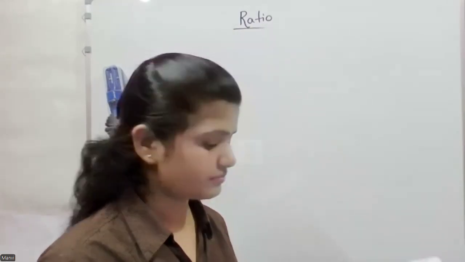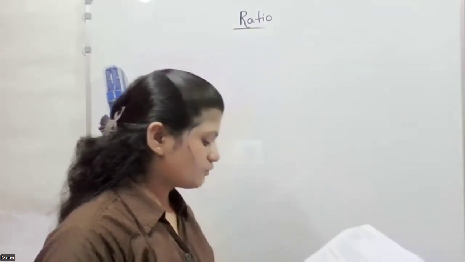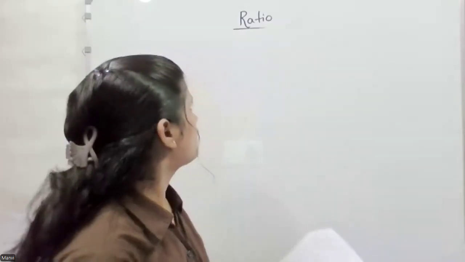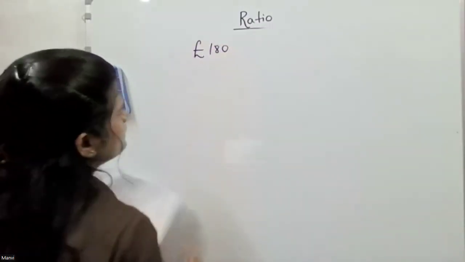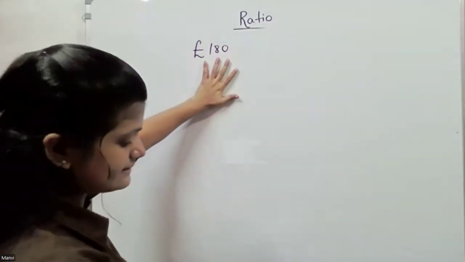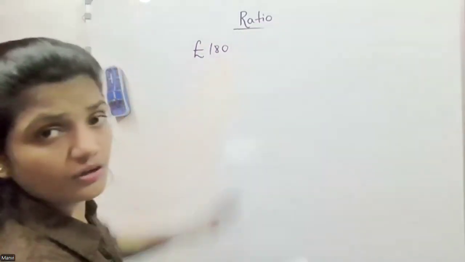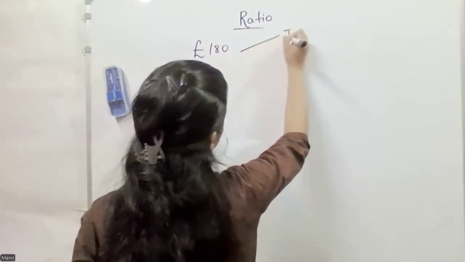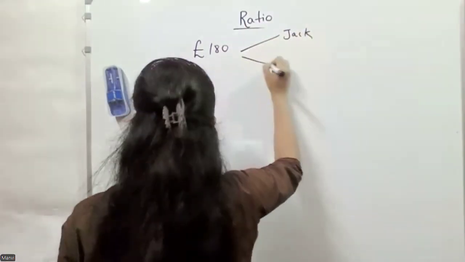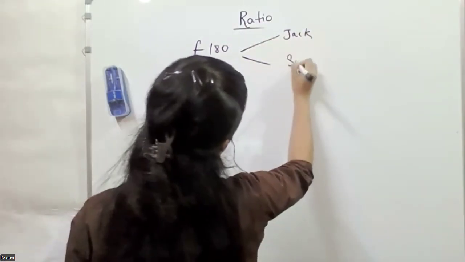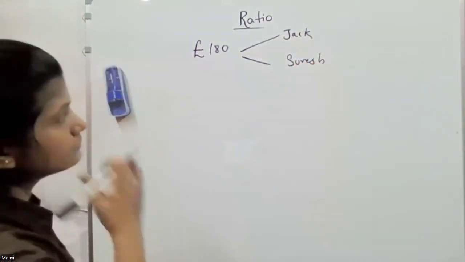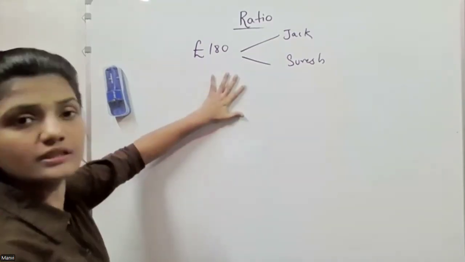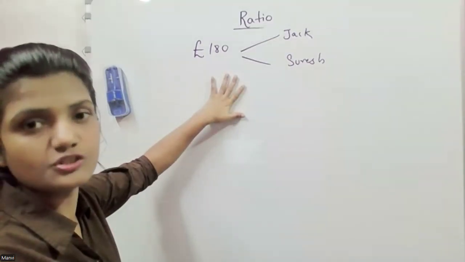I understand it. Okay. So, for example, now we have a different amount. Now I have 180 pounds, and I share this amount between two children. One is named Jack and the second is named Suresh. But this time I didn't give the amount in percentage form. I said it in a ratio.